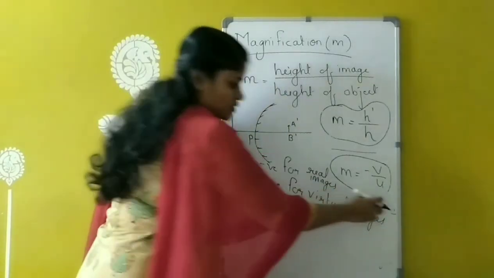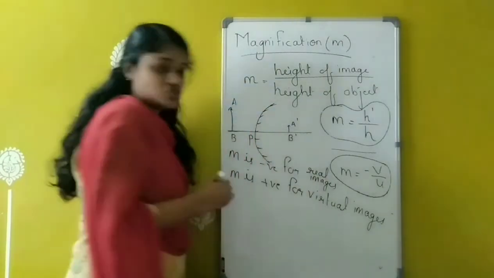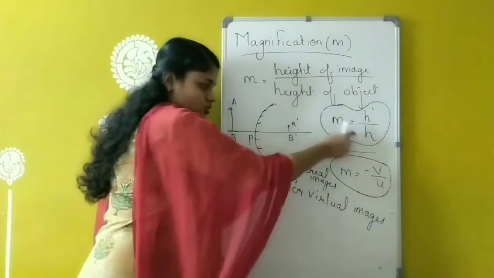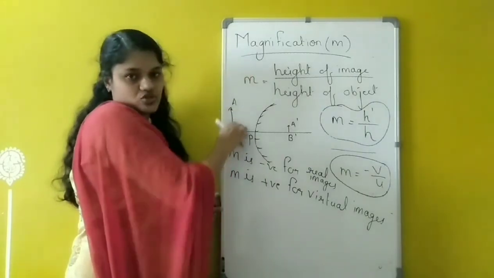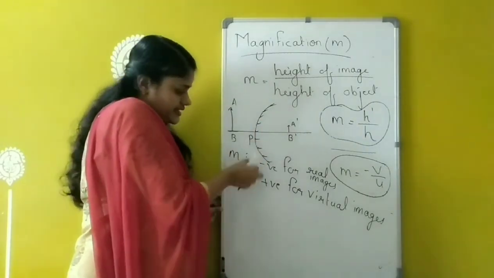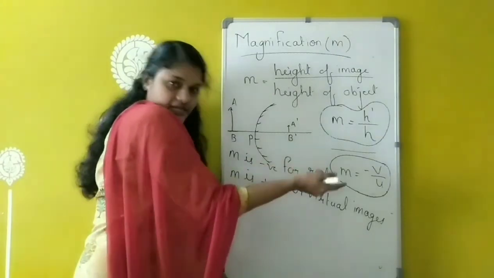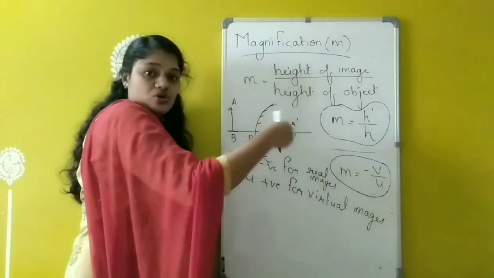Okay, so these are some of the sign conventions relating to magnification. h is always positive, the reason is we are placing the object only above the principal axis. h dash is negative for real images and positive for virtual images.